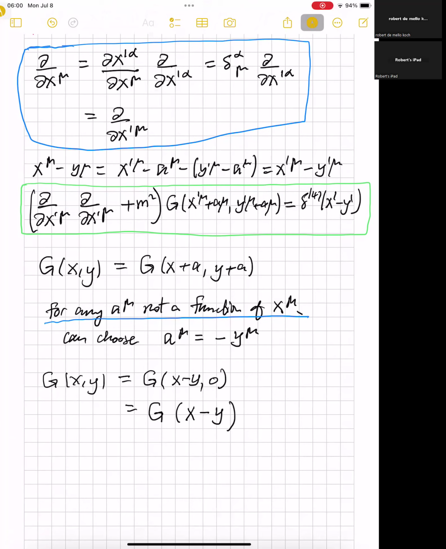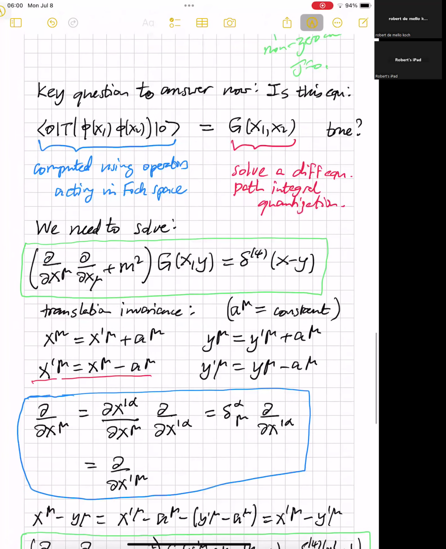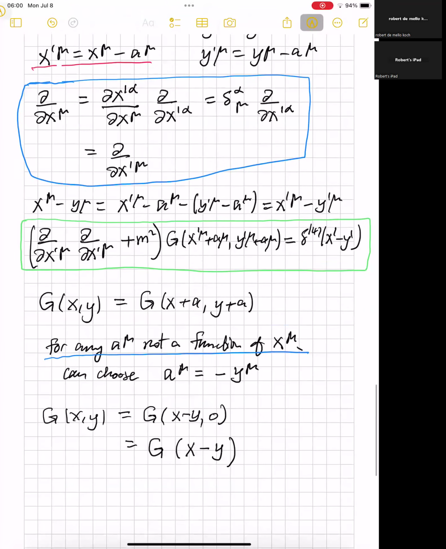And this is a consequence of the fact that if we do a translation, x equal to x' plus a, the differential equation that we've solved is invariant. The consequence of that is that the solution is a function only of x minus y. This is going to be an extremely important fact when we are solving this differential equation.